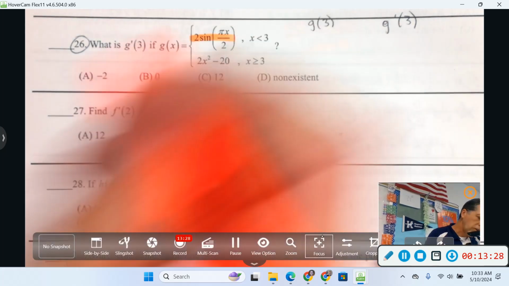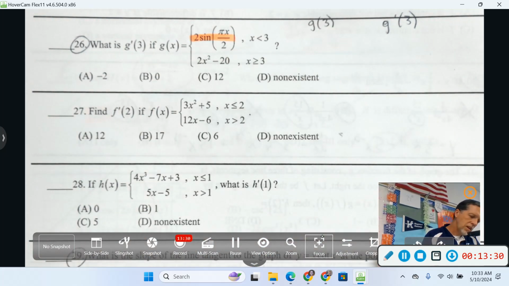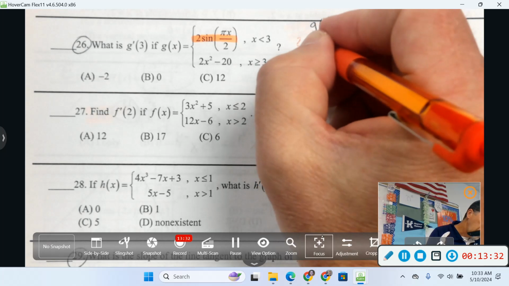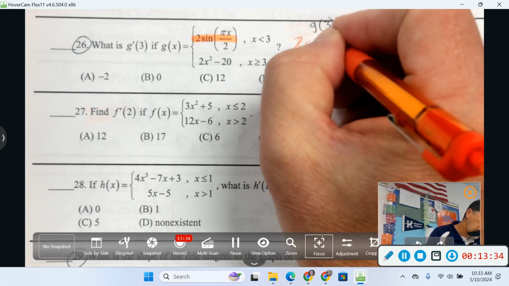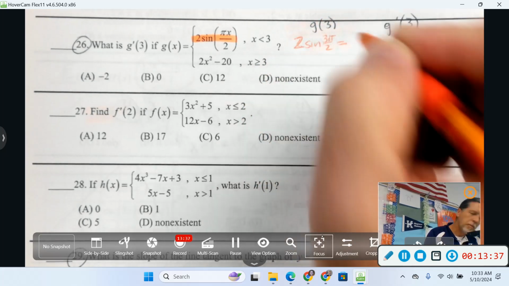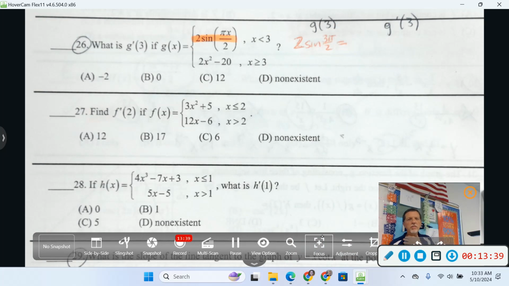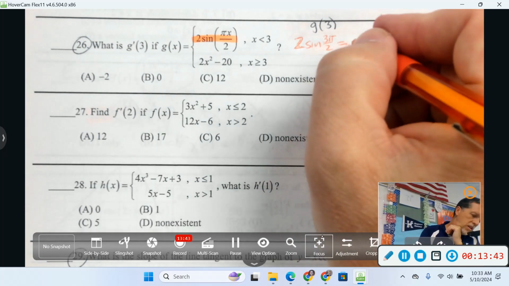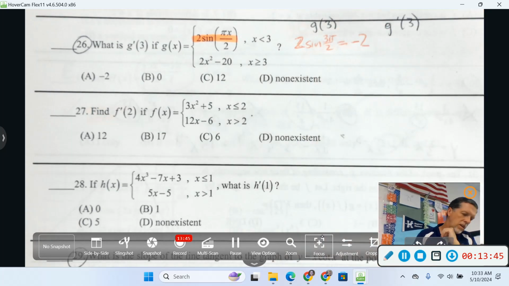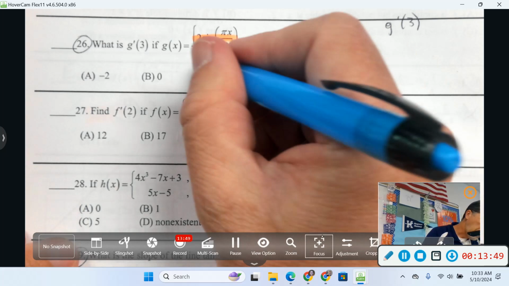So for the first one, I'm just plugging in 3, 2 sine of 3 pi over 2. Sine of 3 pi over 2 is negative 1. So that's negative 2. I plug it into the bottom one.